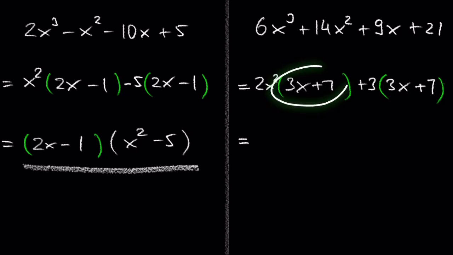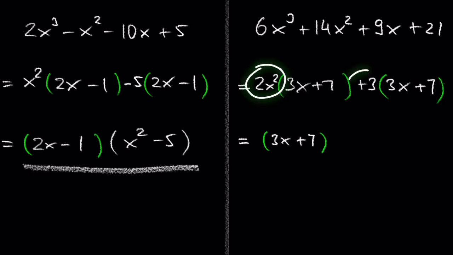Factor out 3x plus 7. And what's left over is 2x squared plus 3. And we're done with this problem.